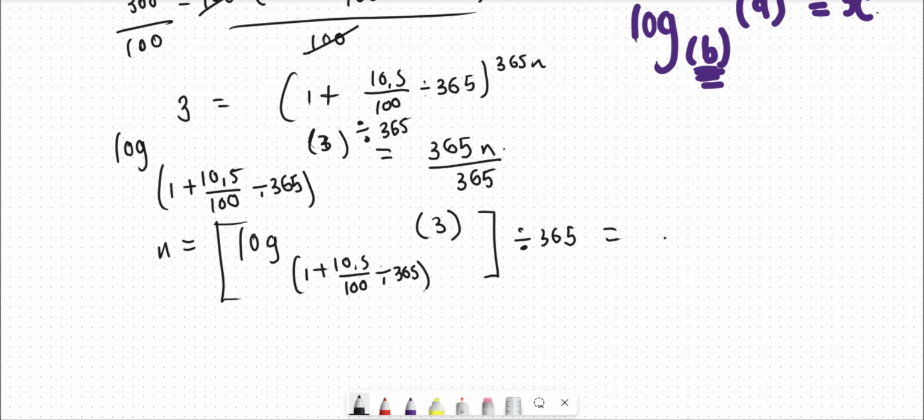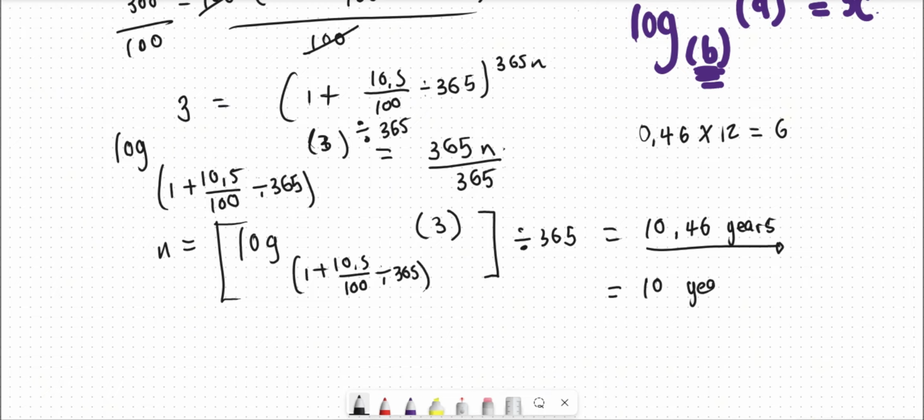If you plug this into your calculator, you should get 10 years, 0.46. So if they wanted it in just years, you would leave it like that. But if they want the months, you would take the 0.46, the decimals, and multiply by 12. If you do that and round off, you should get 6 months. So it's 10 years with 6 months.